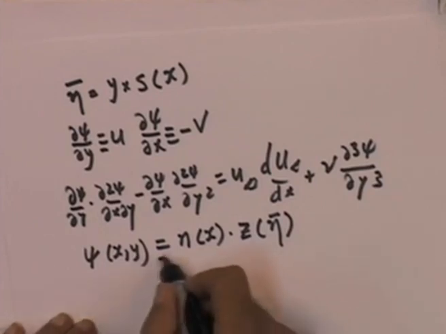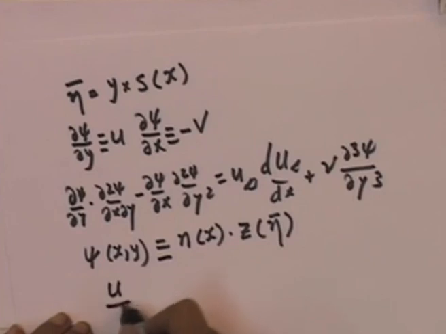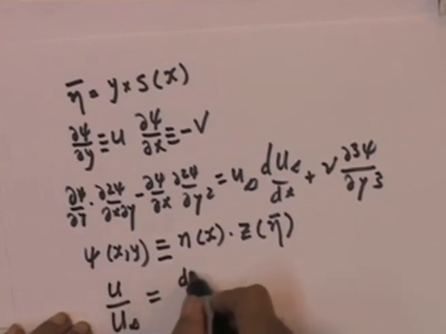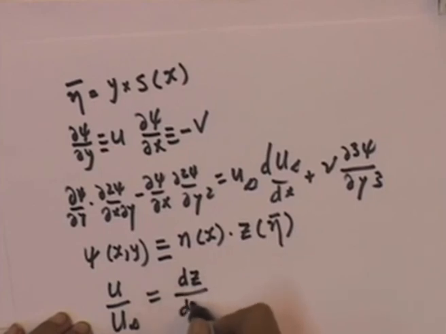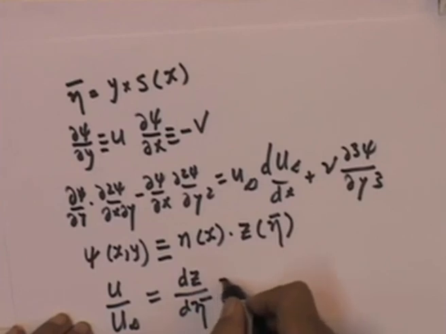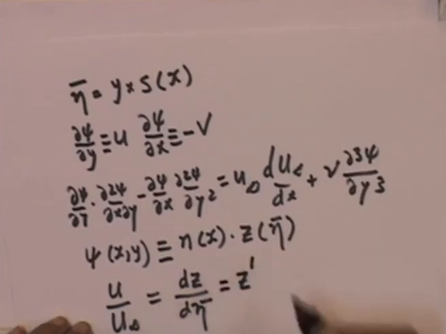I am also going to define u over u infinity equal to dz by d eta bar, and since z is a function only of eta bar, I can also write this as z dash.